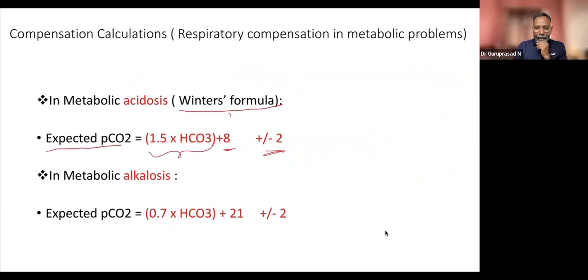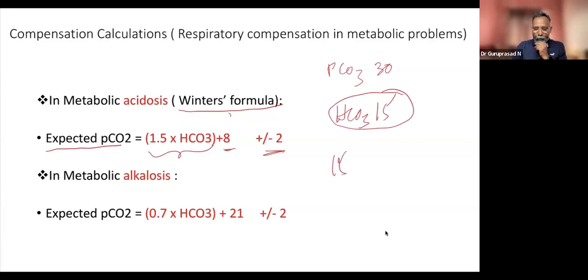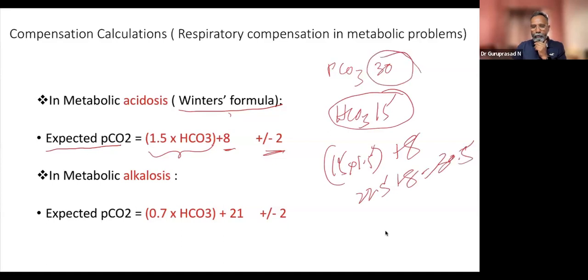For example, if the PCO2 given is 30 and the bicarb is around 15, and the primary disorder is metabolic, what is the compensation by Winter's formula? 15 into 1.5 is 22.5, plus 8 is equal to 30.5. And the given PCO2 is 30. So it is a compensated metabolic acidosis.